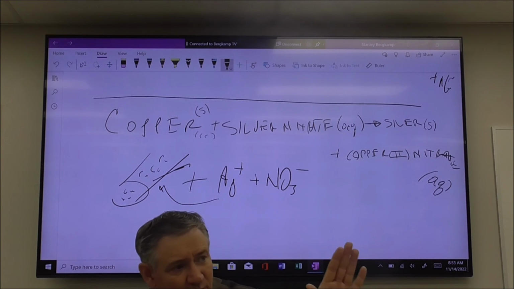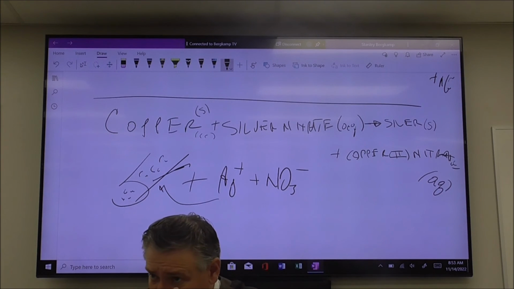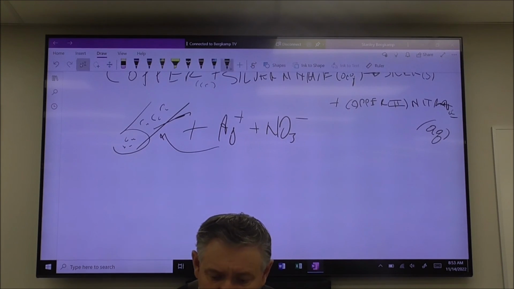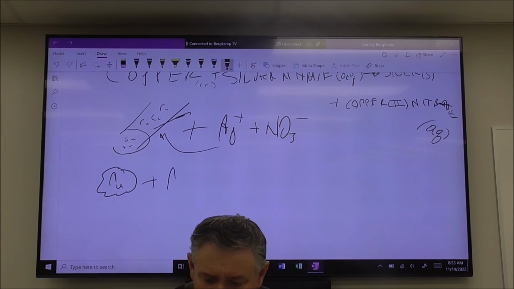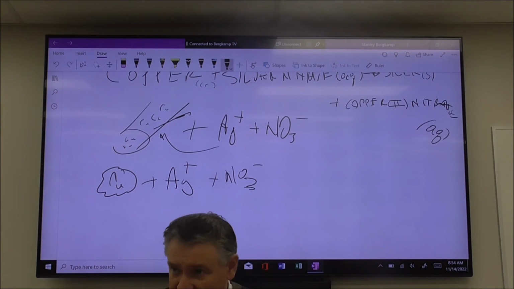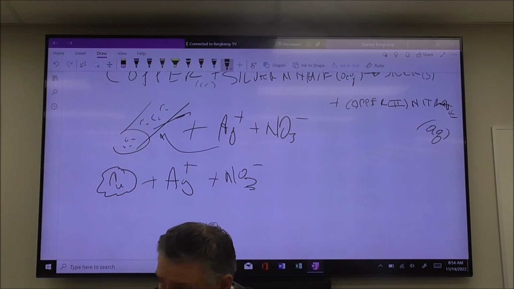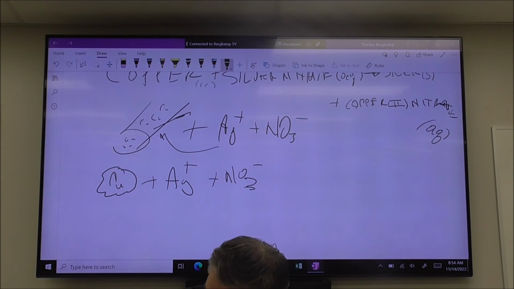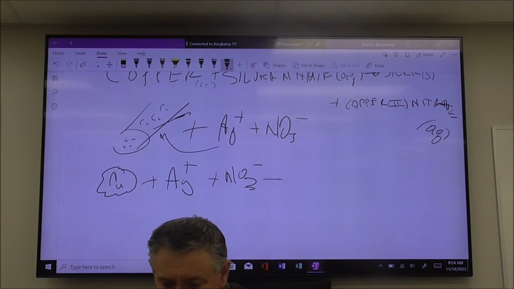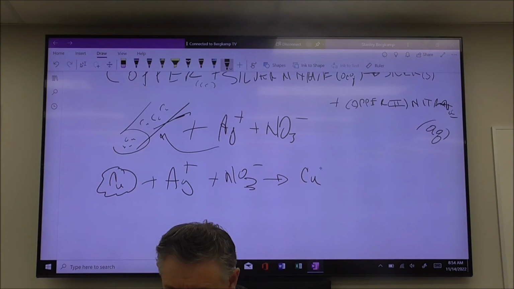So what I'm looking for on the particle diagram, I just want you to put, hey, here's this chunk of silver, and then you're going to have some silver ions, and then you're going to have some nitrate ions. Okay, that's going to be important. You realize that silver nitrate is existing as ions. It's not a chunk of silver. It's a silver ion. And then that's going to form copper 2+.